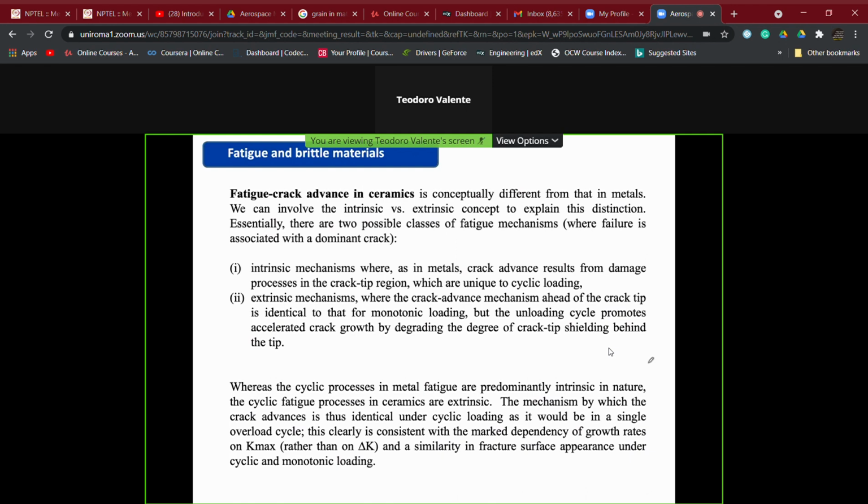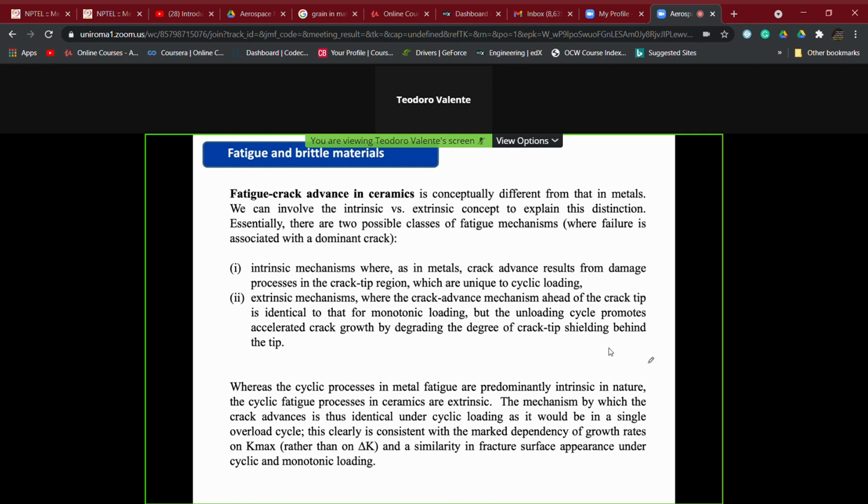This is consistent with the dependence of the growth rate on the maximum value of the stress intensity factor for ceramic or brittle materials, rather than on the difference between the maximum and the minimum value of the stress intensity factor, as we have seen in the Paris law and in the other equations which allow us to model.